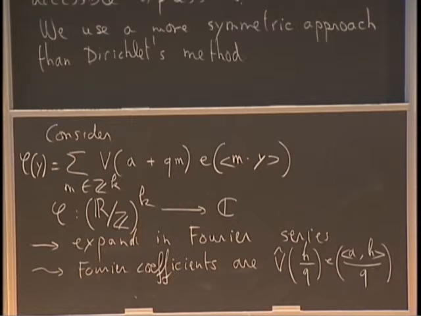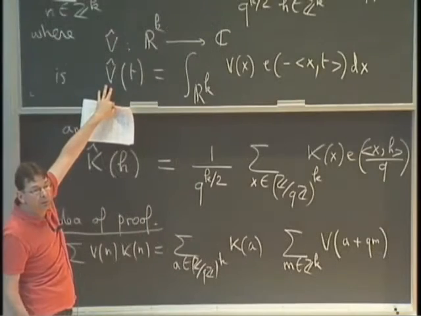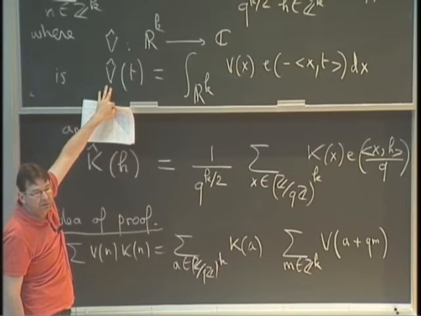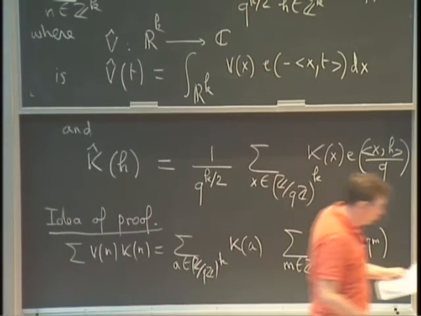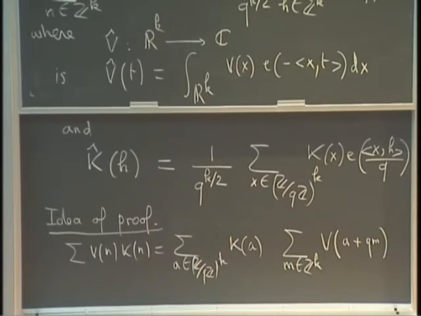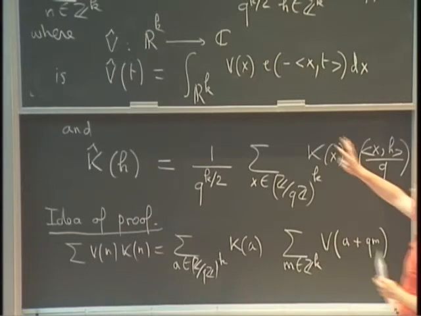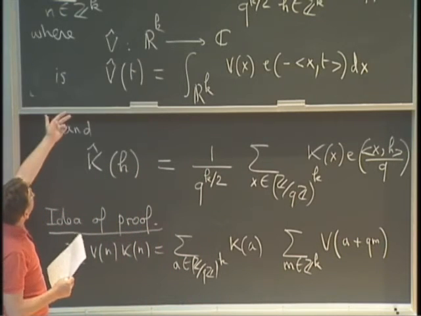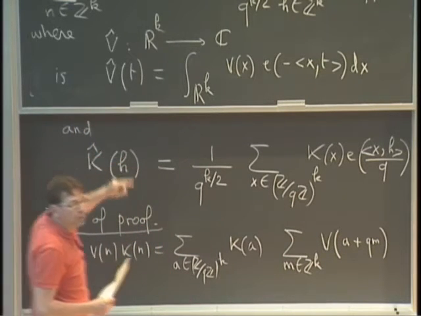When V is compactly supported, it's not quite true. V hat cannot be compactly supported if V is non-zero, but it still will be decaying very fast at infinity, which is what I'm going to check now, because now I'm going to try and interpret this in a more analytic way to understand a bit what it means intuitively if you want to apply this formula to a real analytic number theory problem. When is it good to apply it? When is it bad to apply it?